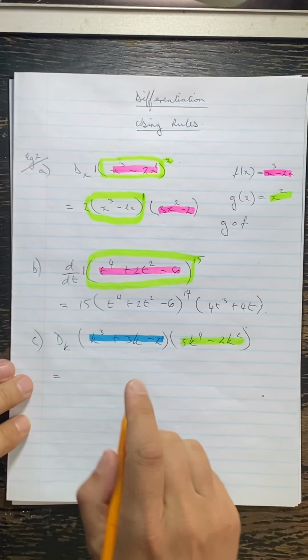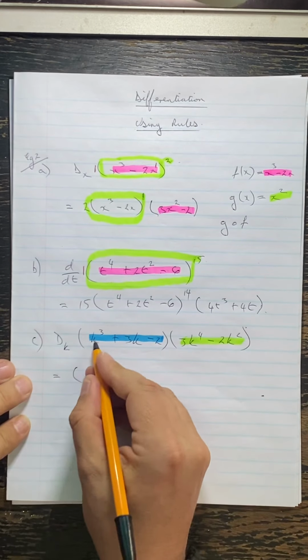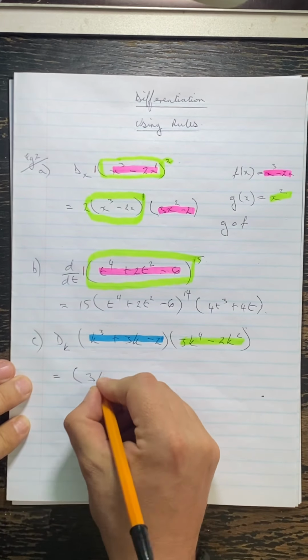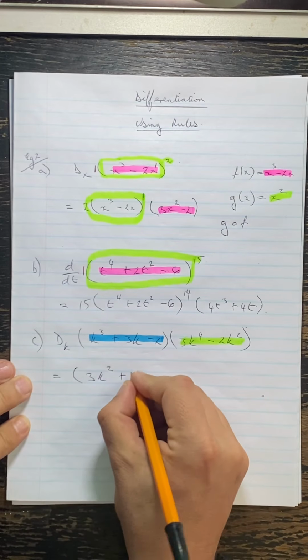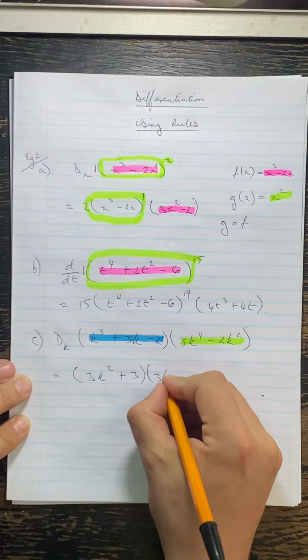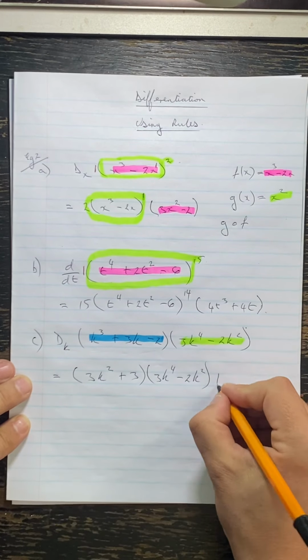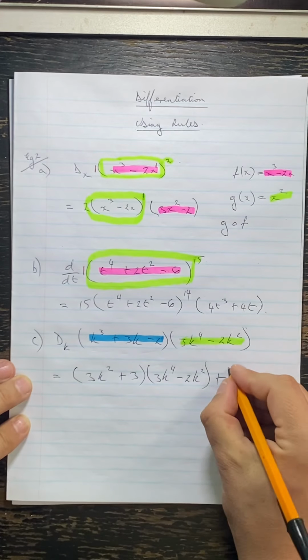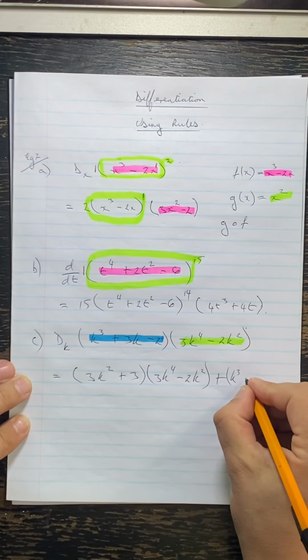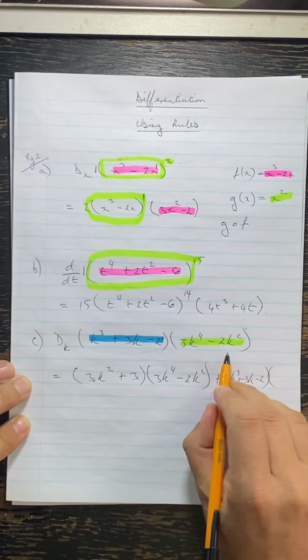So let me show you what I mean by that. I'm going to differentiate the first, so we're going to differentiate the blue one. So this will be 3k squared plus 3. Keep the second, 3k to the 4 minus 2k squared, plus keep the first, k cubed plus 3k minus 2, differentiate the second.